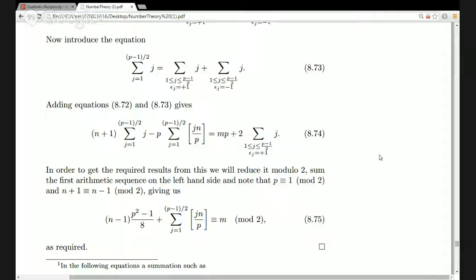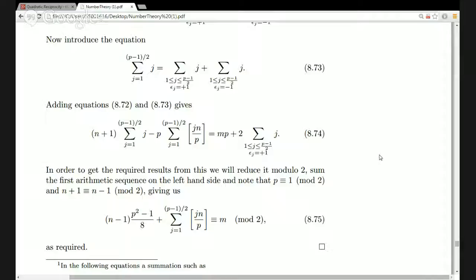It's a modulo 2 expression for m, which is all we need to know about m, because all we do with m is raise minus 1 to the power of it. So being able to evaluate this expression over here, there's nothing too complicated in working this out. Given n and given p, this is just an expression involving n and p.